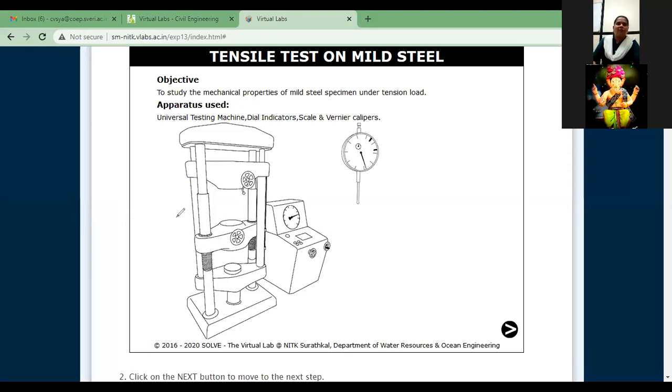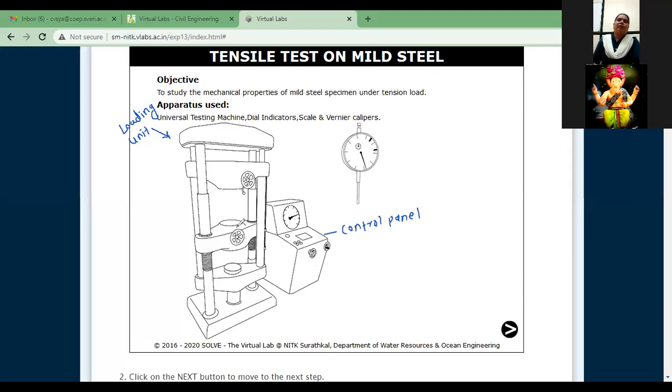This assembly is called the loading unit. And this second assembly is called the control panel.